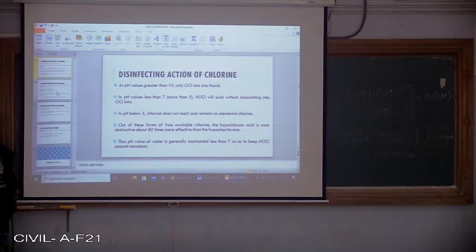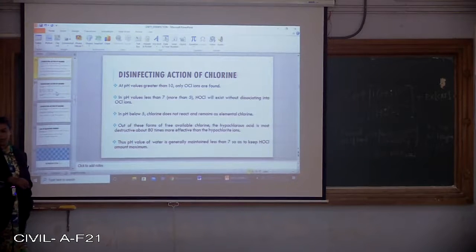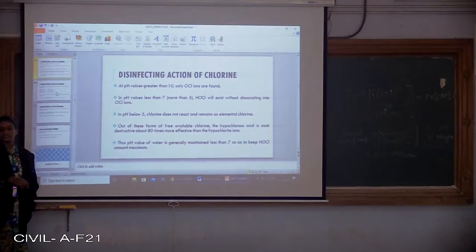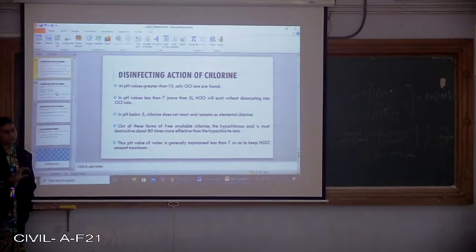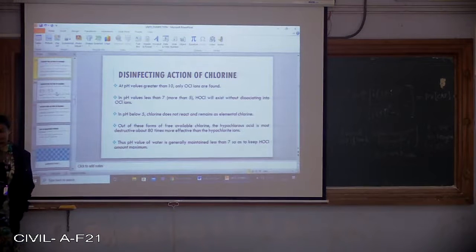So whenever chlorination is done in the water treatment plant, the pH value is maintained less than 7. That is because this HOCl will not be dissociated, and the HOCl amount will be maximum at this pH level.